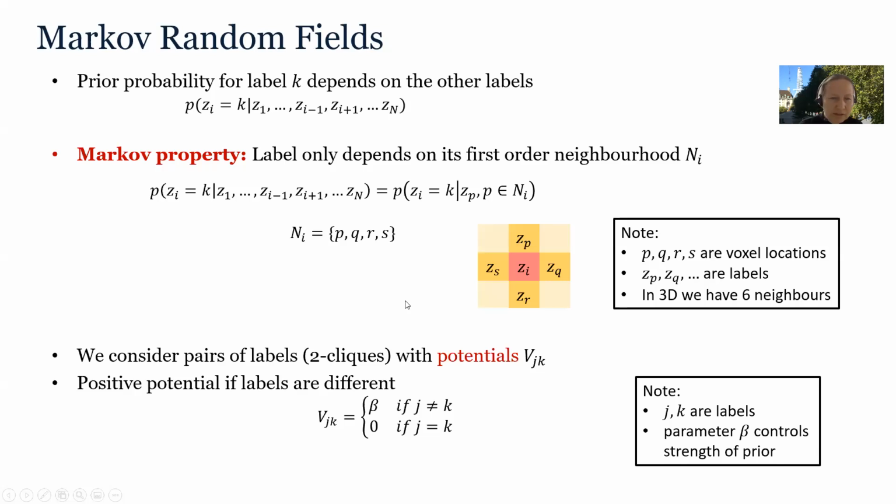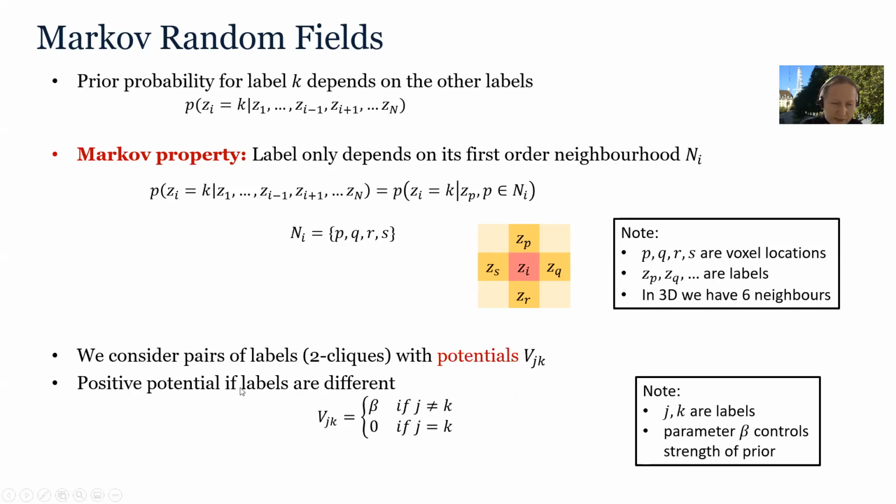Now we need to model this. We will consider pairs of labels that are also called two cliques, and we will have a potential for these pairs of labels. These pairs will be the voxel i with its neighbor, and with the other neighbor. In this case, we have 4 pairs, and each of them contains the central voxel and one of the neighbors.